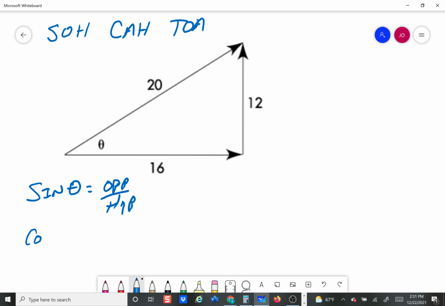The cosine of theta equals the adjacent side over the hypotenuse. And the tangent of theta equals the opposite side over the adjacent side. So, keep in mind that sine is a function, cosine is a function, tangent's a function. It's just basically a relationship of two of the sides.